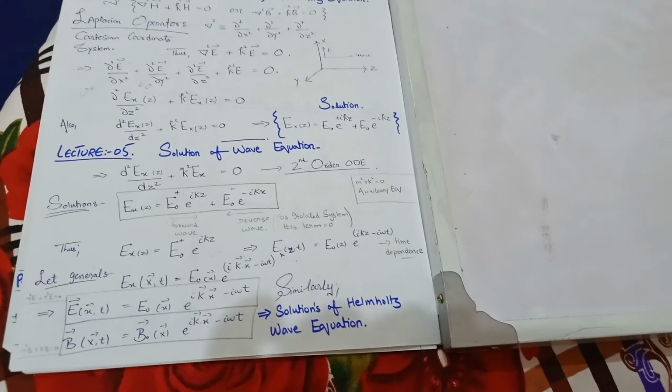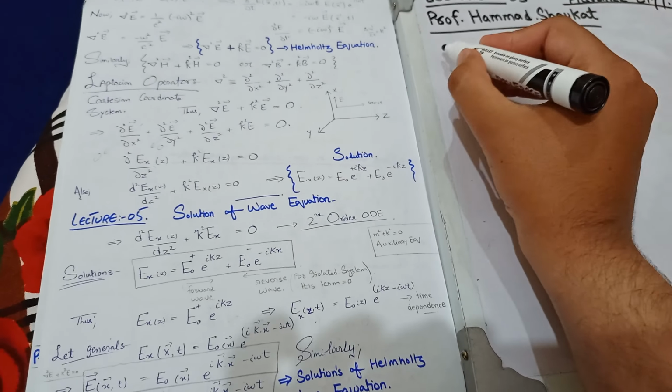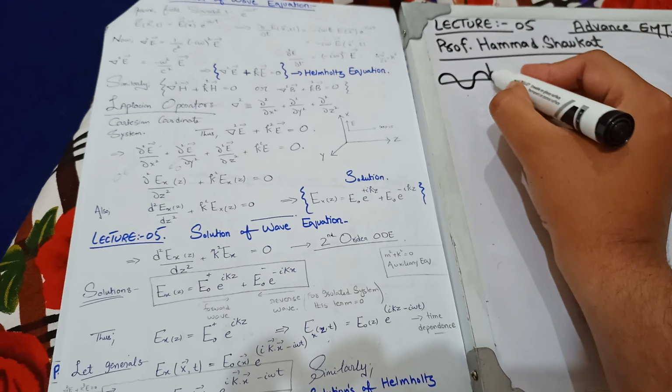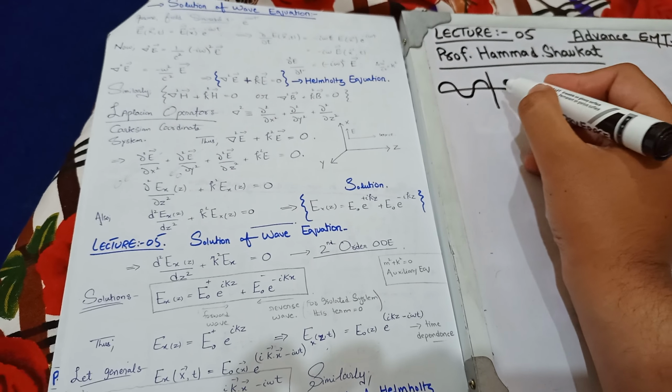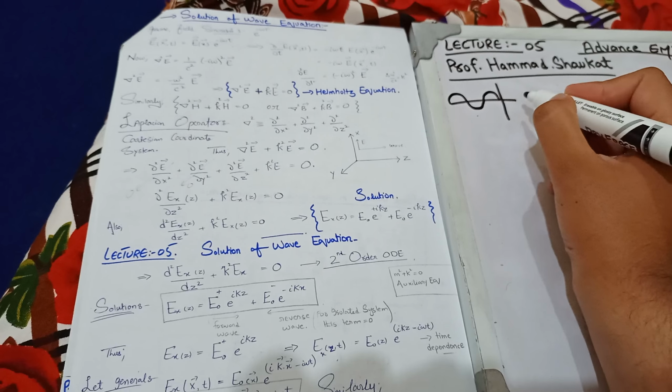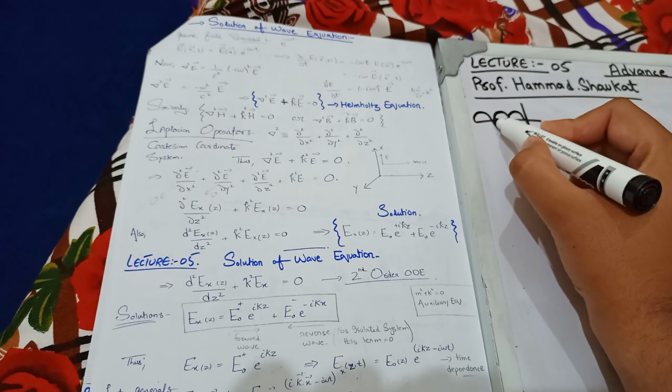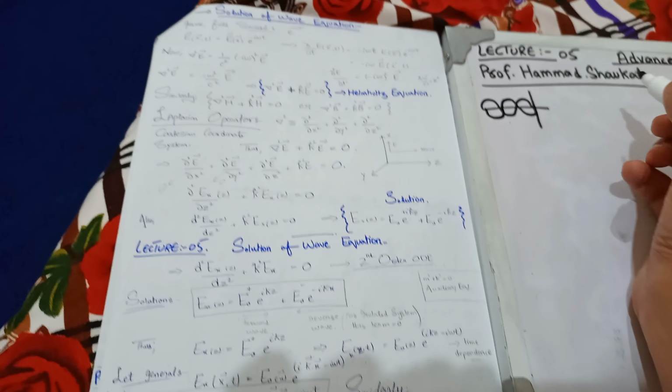When a wave is oscillating, it can go in the forward direction. If there is some restriction in the forward direction, it comes backward. This is how the wave basically works.